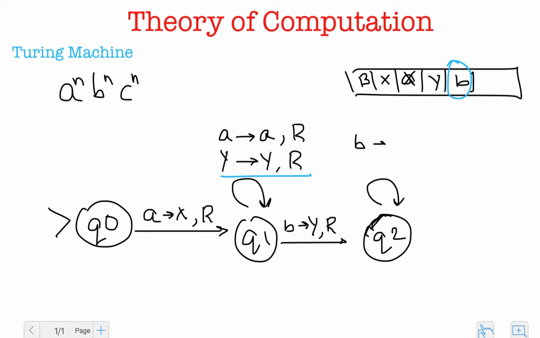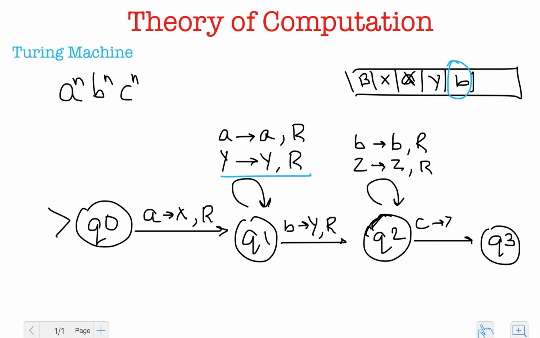So I change a b to a b itself, so no change there, move to the right. If I have a z because I encountered a marked c, then keep the z as z itself and move to the right. So at q2 I'm just moving to the right, and then I move to q3 when I get a c, and I change the c to a z and move to the right.